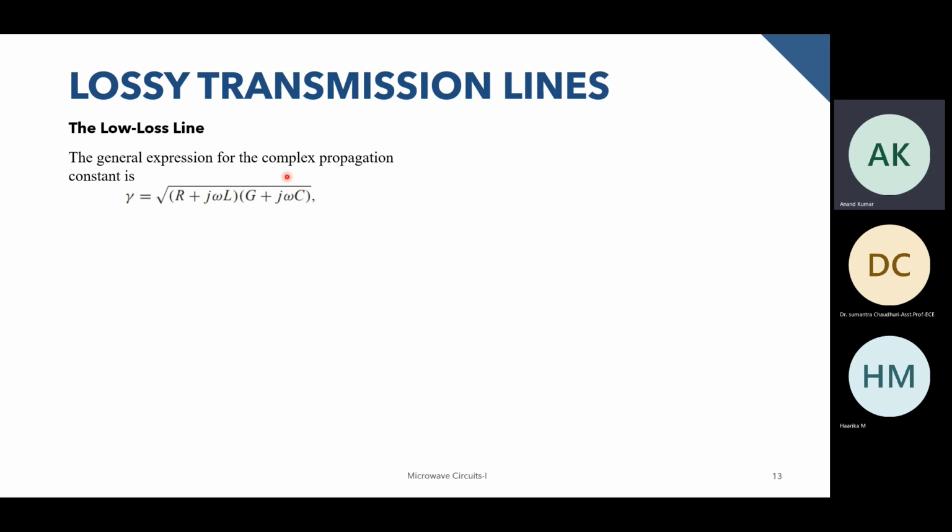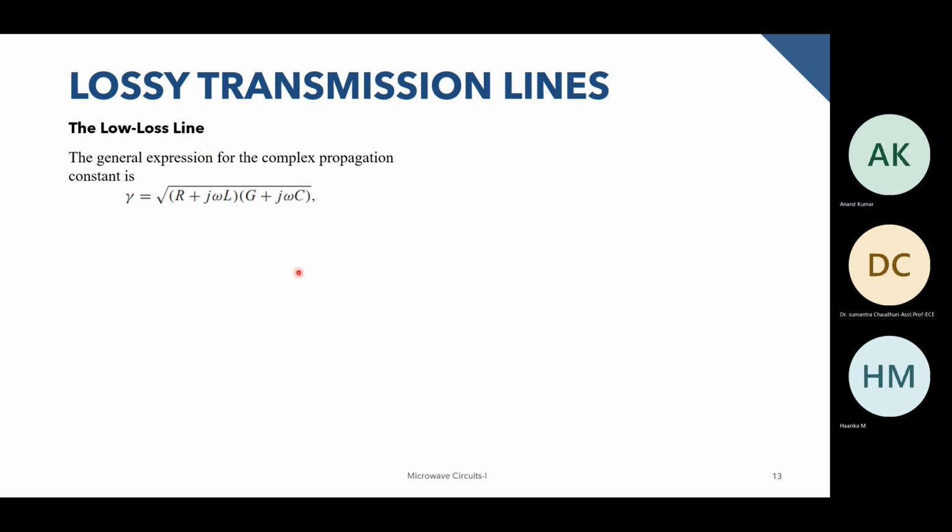So we'll start with the lossy transmission lines. Up till now, most of our formulations involved transmission lines being lossless, so we were considering alpha equal to 0, and also R and G equal to 0. In the initial classes, we saw that R and G account for the losses, and hence we can approximate the transmission line to be lossless, as they have very low loss, especially for smaller lengths.